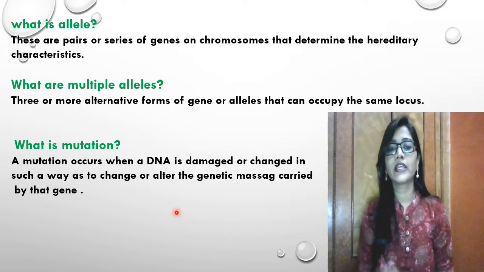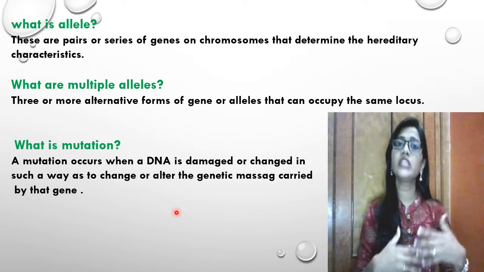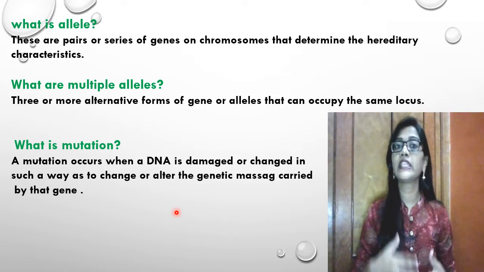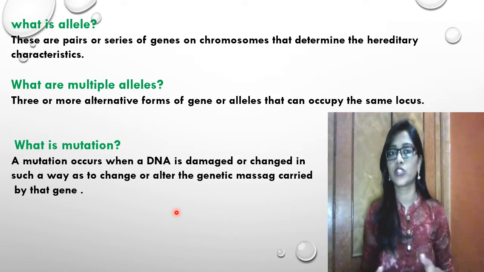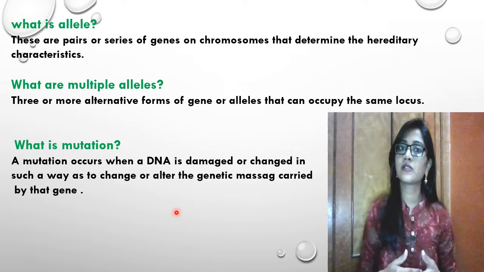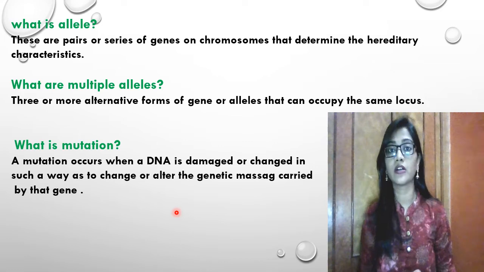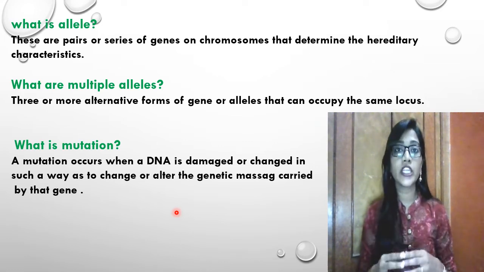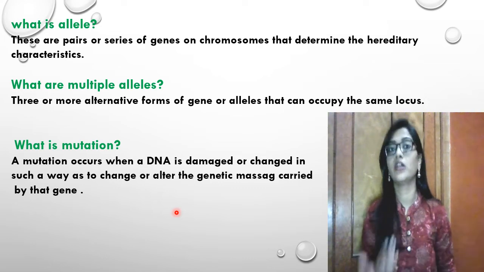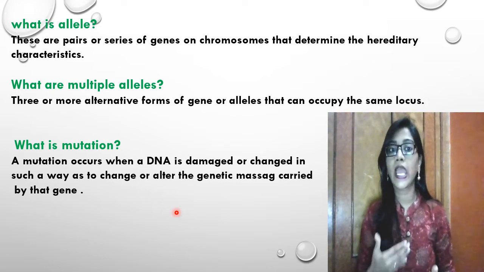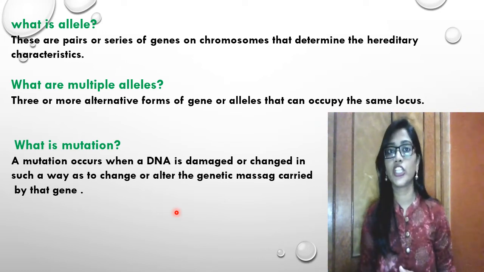The basic thing is, when the DNA strand gets damaged or changed, when there is damage or change in the DNA structure, of course the base pairs present in the DNA, if they get altered, then what will happen? The genetic information present in the basic structure of the DNA will get altered, and because of that the whole information will change.